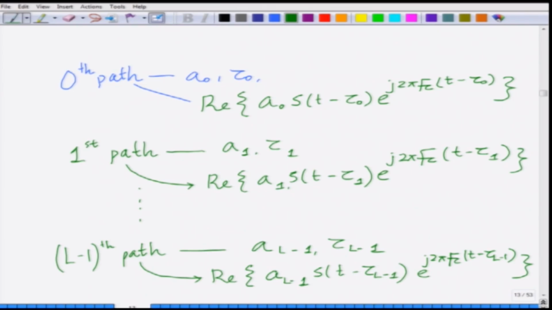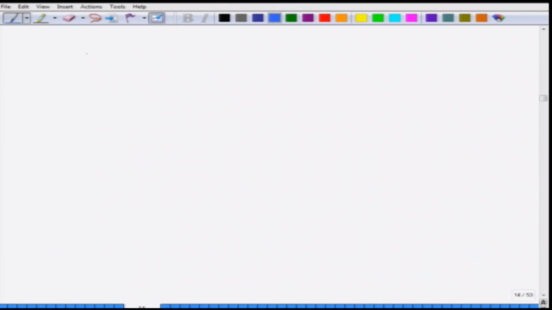So now, the superposed signal, that is the received signal, is the sum of these multipath components.